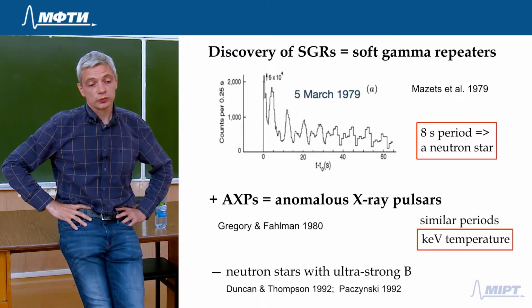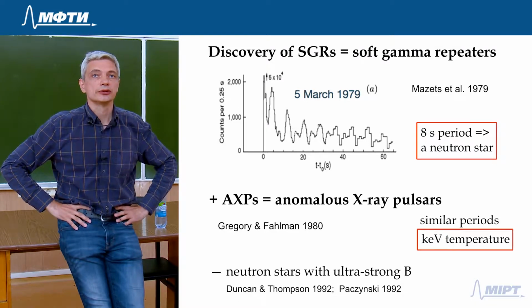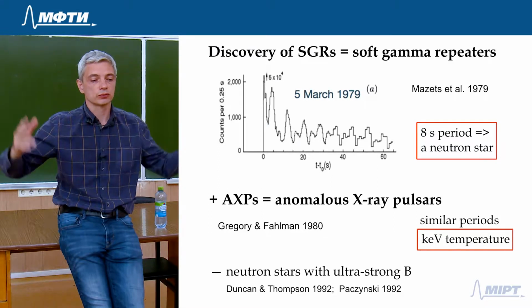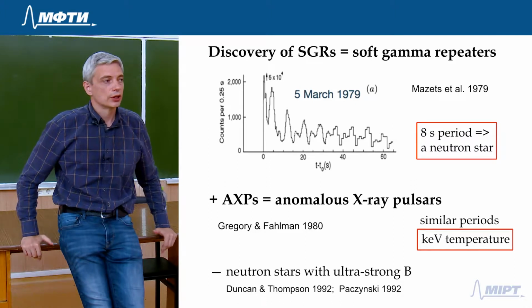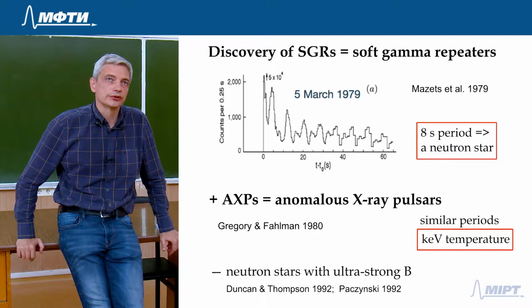And this tail is clearly, as you can see by eye, modulated with an 8-second period. That's a signature of a neutron star. So it was clear that we deal with a neutron star rotating with an 8-second period, which can produce a sudden flare, an explosion with tremendous brightness. Tremendous meaning, well, the energy in the tail over these few minutes is about 10 to the 44 ergs.